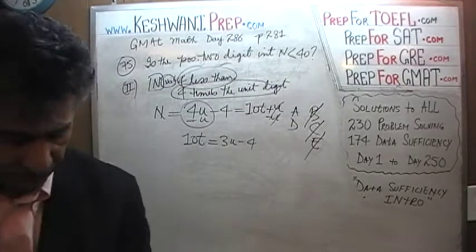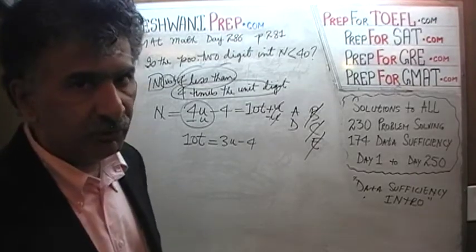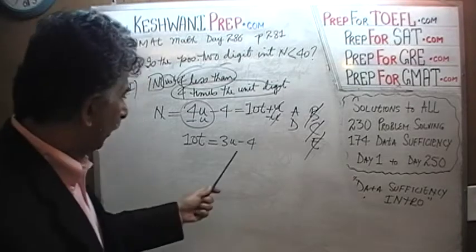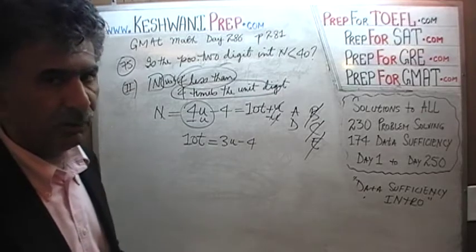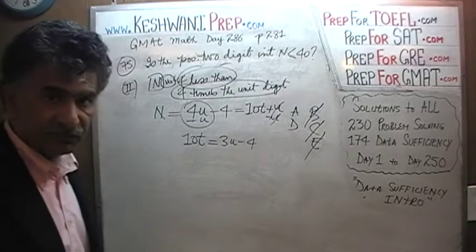Now what does this tell us? This is where the most crucial step comes into this problem. Without this step, you'll never get anywhere. You will get the question wrong. This equation has a very profound insight in it, a gem.